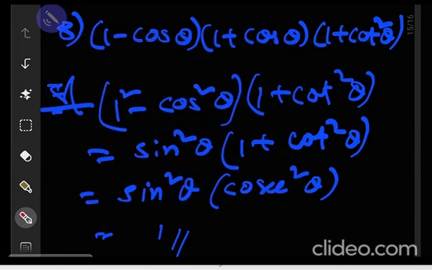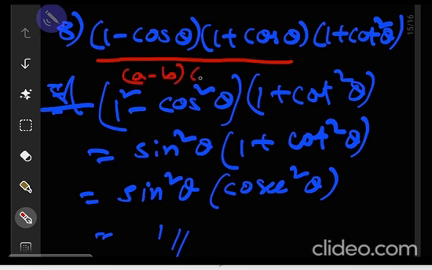So the question is in the form of a minus b into a plus b, which is equal to a square minus b square.